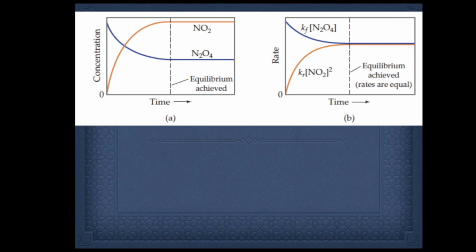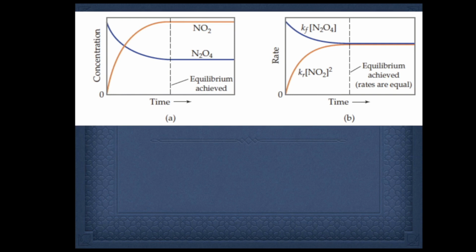Your concentrations don't have to be equal to be in equilibrium, but notice they are not changing concentration. So after equilibrium has been reached, the concentration of NO2 and N2O4 do not change. For B, notice the y-axis is rate. And so at this point, notice that the rate at which N2O4 disappears and NO2 forms after equilibrium has been achieved, those rates are equal.